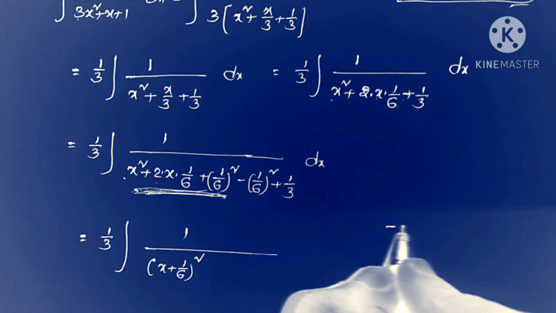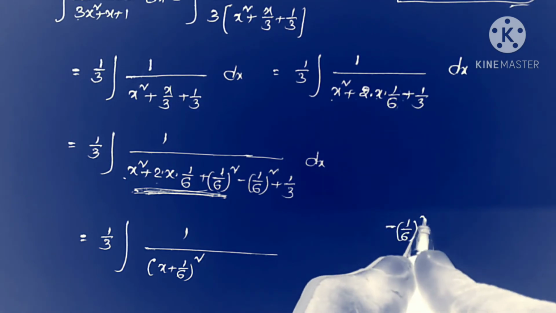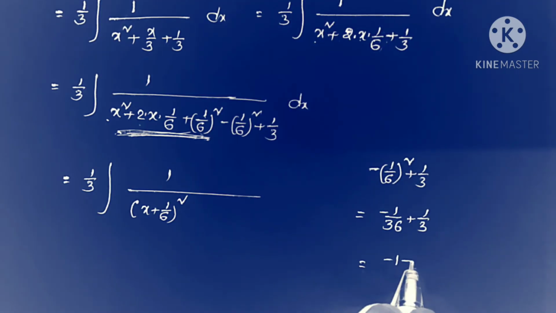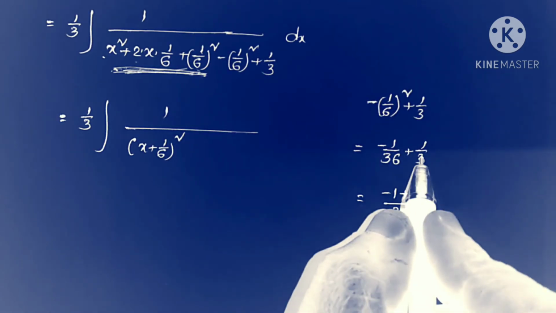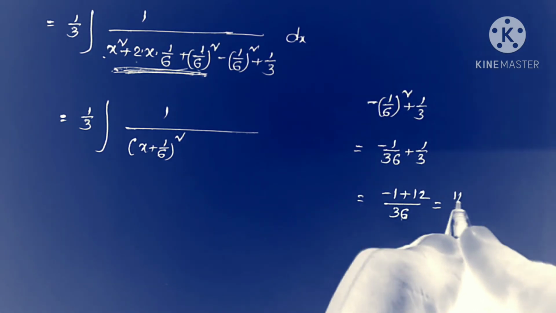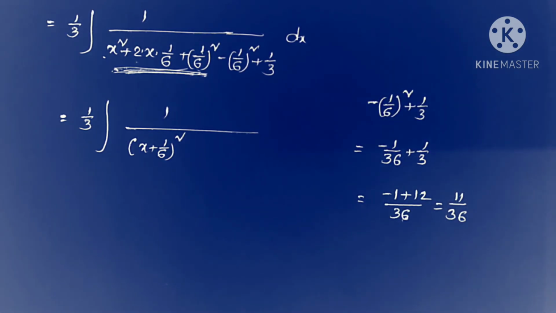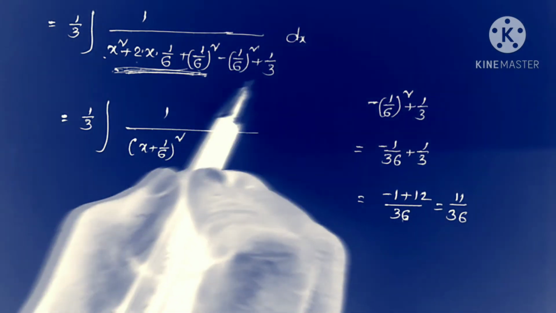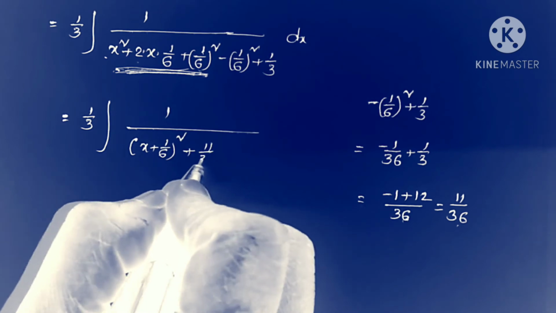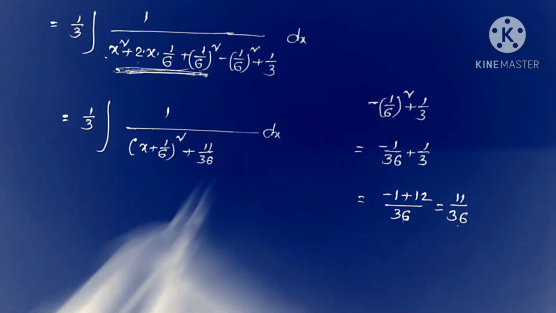Now simplifying, minus 1 by 6 whole square plus 1 by 3 is equal to minus 1 by 36 plus 1 by 3, that is minus 1 plus, taking LCM here, 36 is the LCM, minus 1 plus 12, here 3 goes into 36 twelve times, 12 into 1 equals 12. So 12 minus 1, that is 11 by 36. So in place of this total value we take 11 by 36, that is plus 11 by 36 into dx.